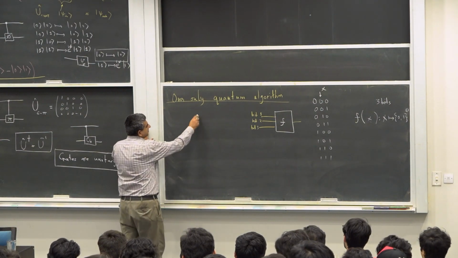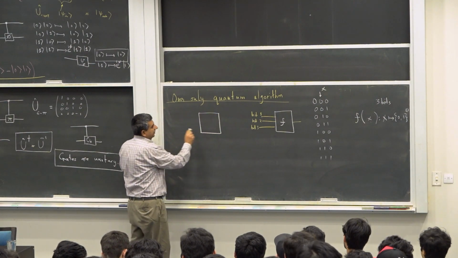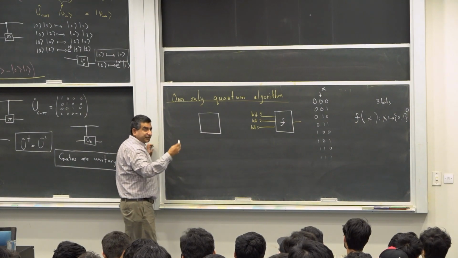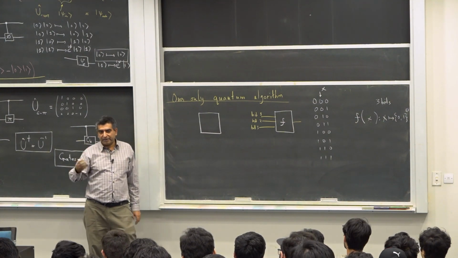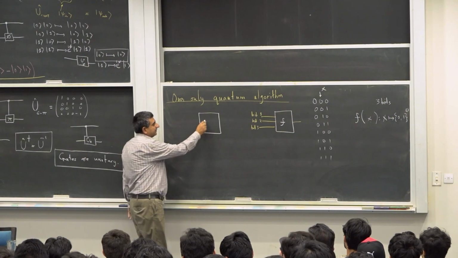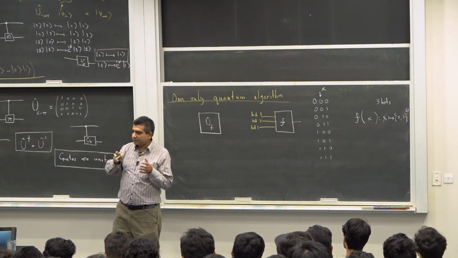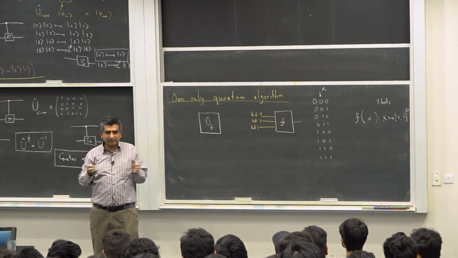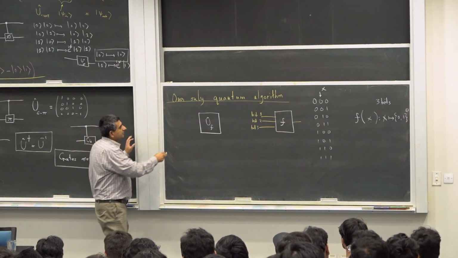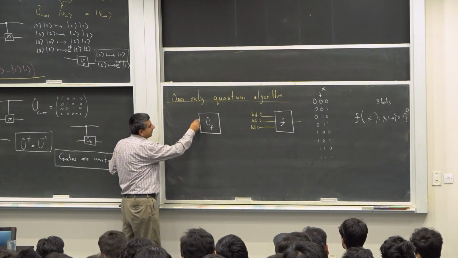Let's draw this hypothetical quantum machine. Since quantum mechanics deals with operators and unitary operators, I need to design some kind of unitary operator, some transformer U sub f, which takes in 3 qubits instead of 3 bits.